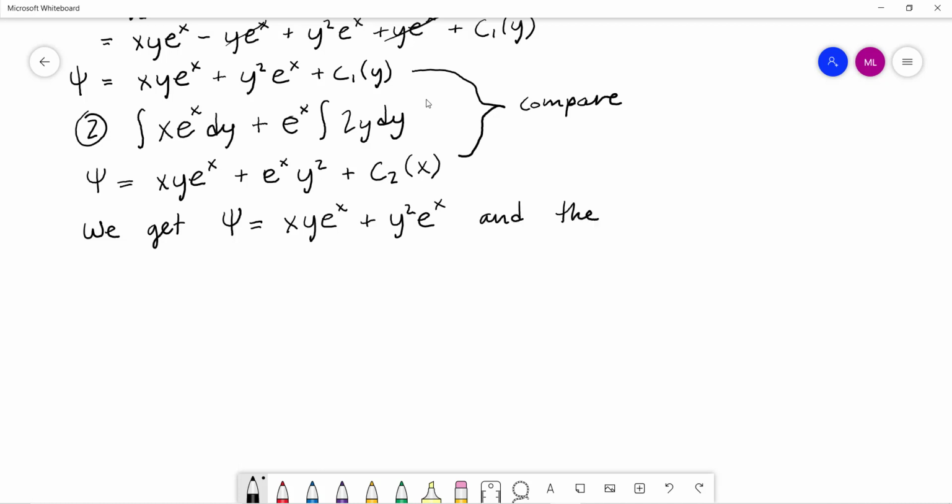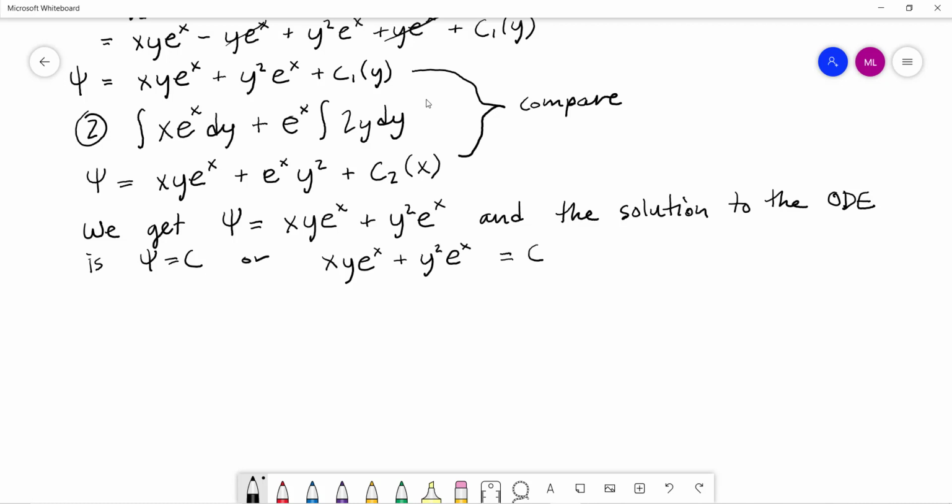And the solution to the ODE is that psi equals a constant, or more clearly, xy e to the x plus y squared e to the x equals a constant. Whoa, can't even box my answer. There we go.